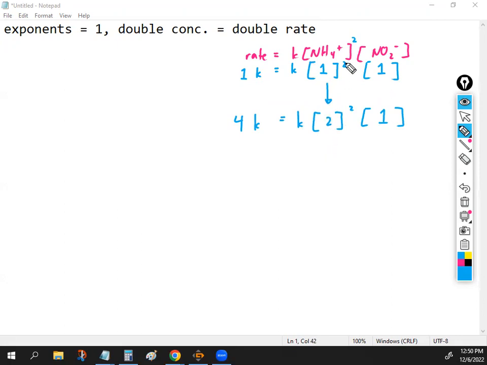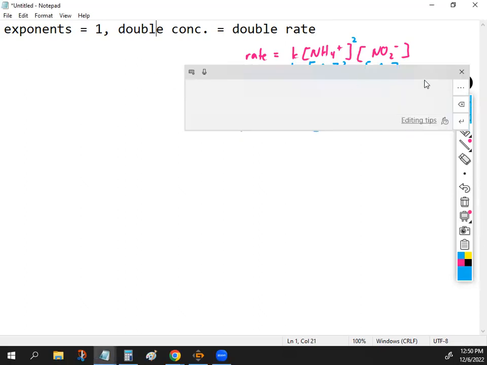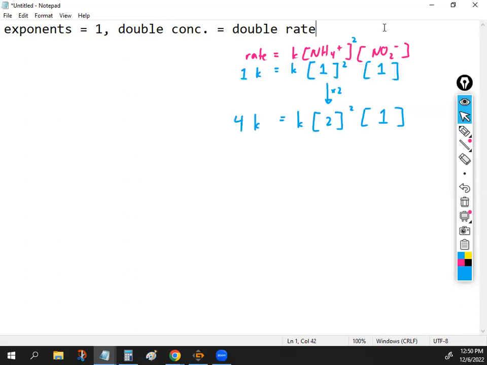I know this is very confusing because you have to really look just at the equation. If we double the concentration of the reactant that's getting squared, it's going to quadruple the rate, right? Because 2 to the power of 2, and then times 1. So just keep in mind that depending on what the exponents are, that's going to change how the rate changes. If your exponent equals 2 and you double the concentration, you're going to 4x the rate.